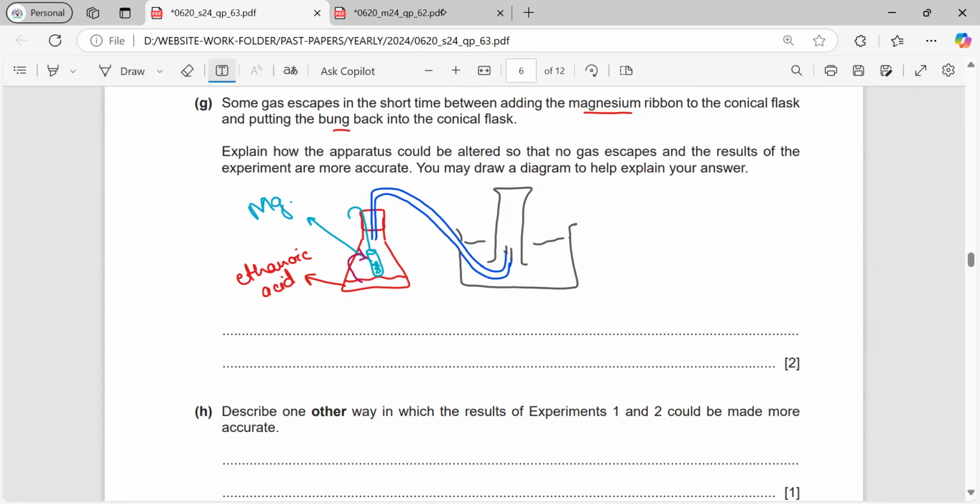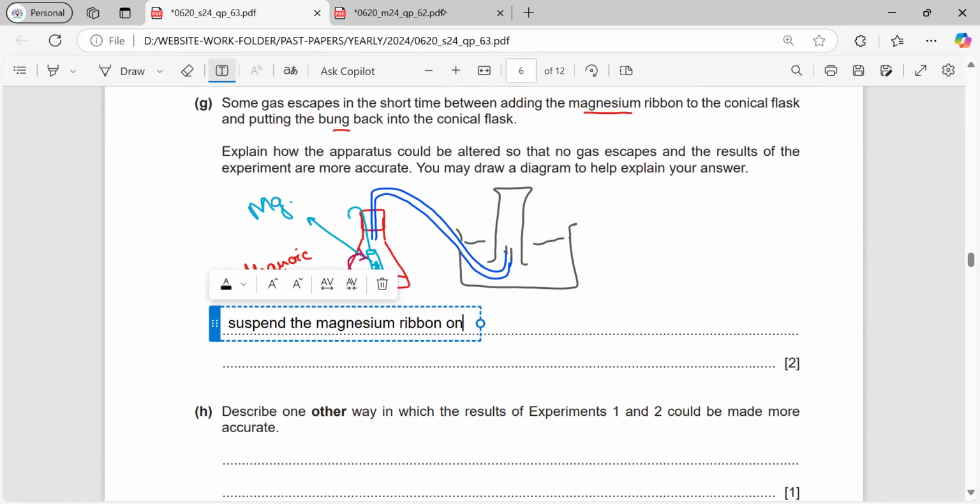So what we can use: we can suspend the magnesium ribbon above the acid in the flask by using a test tube with a thread.